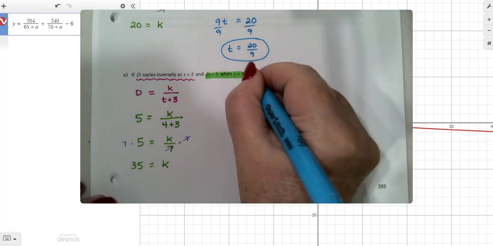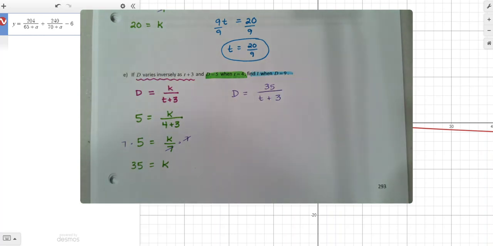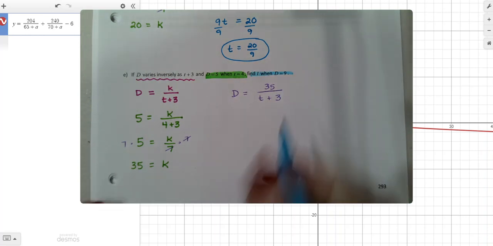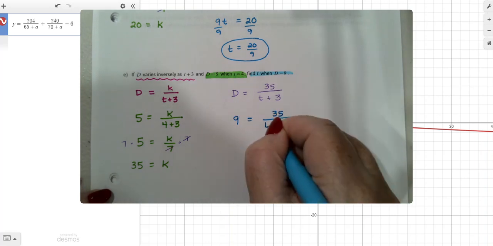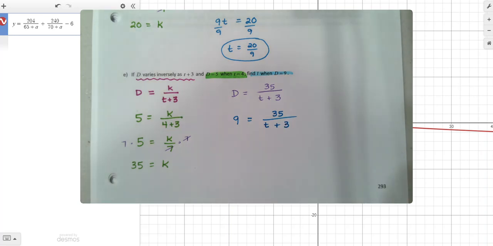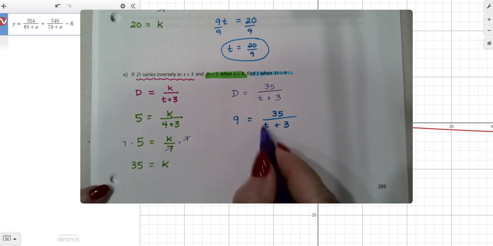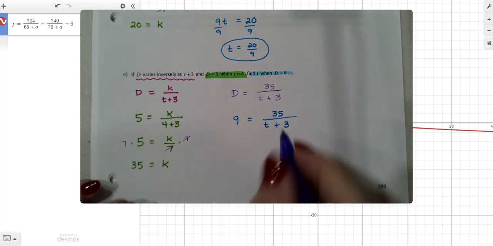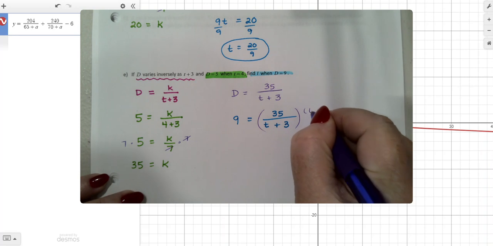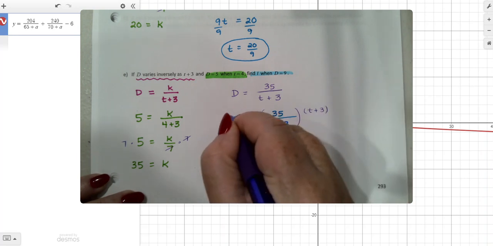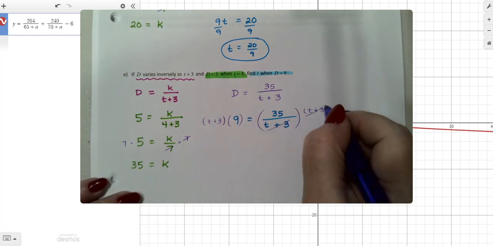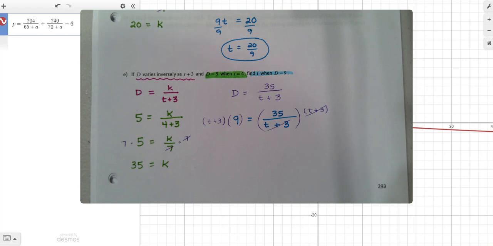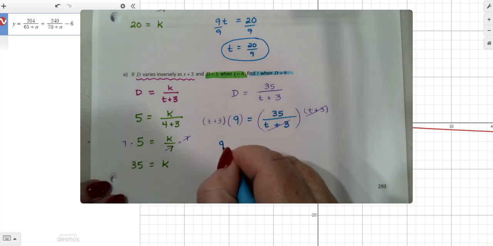And I'm now ready to find T when D equals 9. So put 9 in for the D. And again, notice I do need to clear some fractions here. The only denominator in my equation is T plus 3, so I'm just going to multiply both sides by T plus 3. Left side, I'm going to get 9T plus 27.